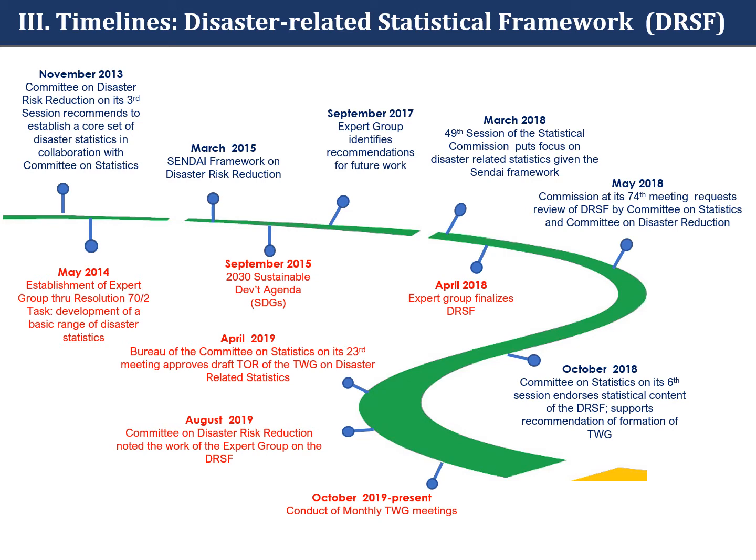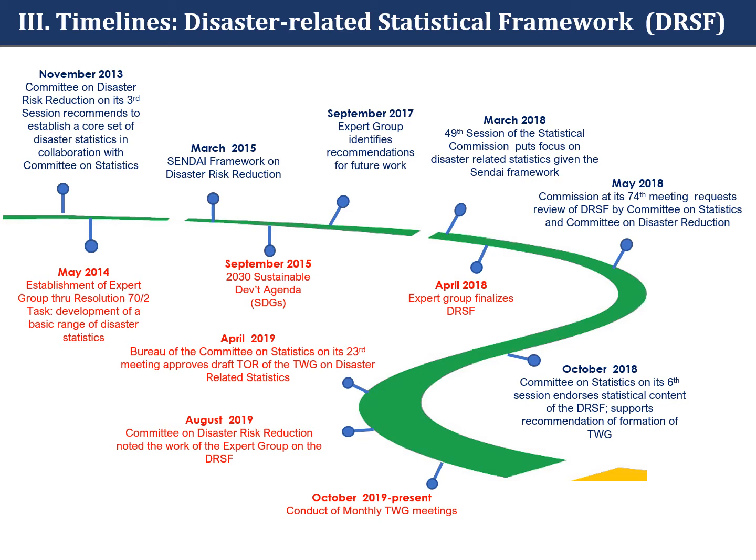By April 2018, the expert group finalized its work on the DRSF. And by May 2018, the Statistical Commission recommended the review of the DRSF by the Committee on Statistics and the Committee on Disaster Risk Reduction.